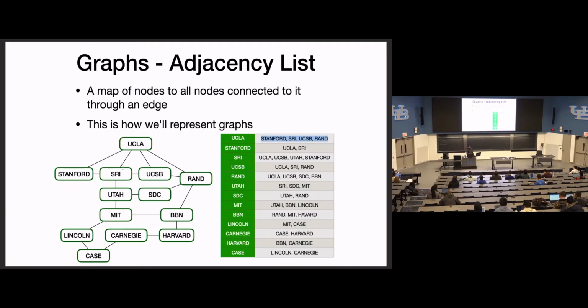Stanford is connected to UCLA and SRI through edges, so for Stanford, we're going to store UCLA and SRI. SRI is connected to UCLA, Stanford, UCSB, Utah. So we're going to store those 4 nodes under SRI. So we have this data structure which stores, for each node, all of the nodes that are connected to that node via an edge. This is our adjacency list.